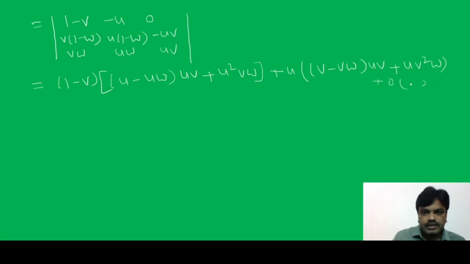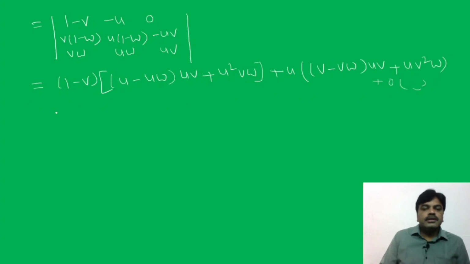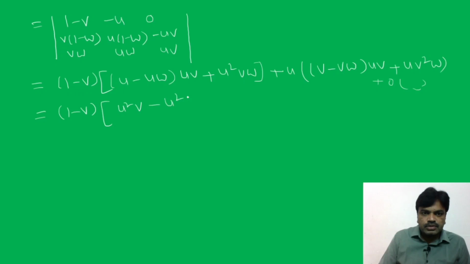So that is equal to 1 minus v into the bracket, where we get u square v minus u square vw plus u square vw, which cancel.